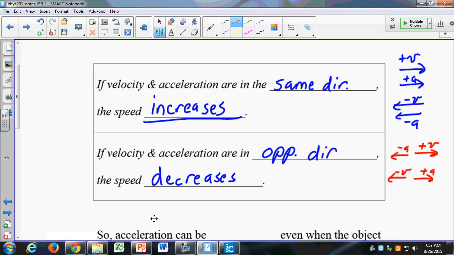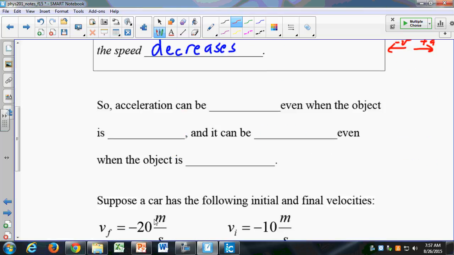It depends on the direction of the velocity. So acceleration can be positive when the object is decelerating, and it can be negative even when the object is speeding up.